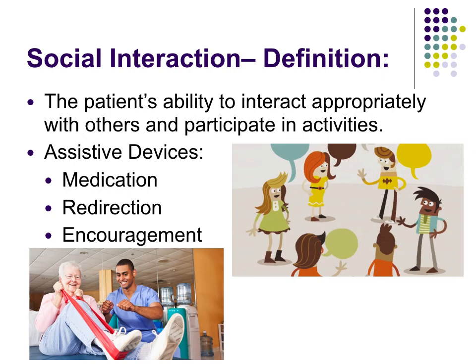If the patient uses physical or chemical restraints to prevent socially inappropriate behavior, then the patient would be rated either a level 2 or lower, just depending on the percentage of time that the patient is interacting appropriately. Some inappropriate behavior would be the use of foul language, temper tantrums or outbursts, inappropriate laughing or crying, physical attacks, a very withdrawn or non-interactive behavior.